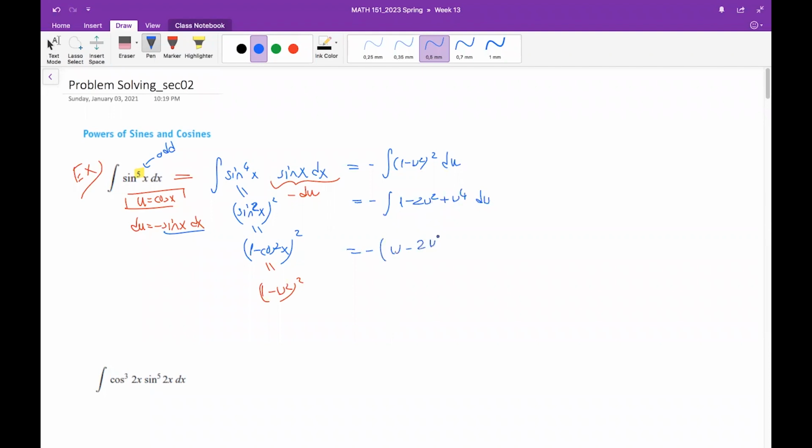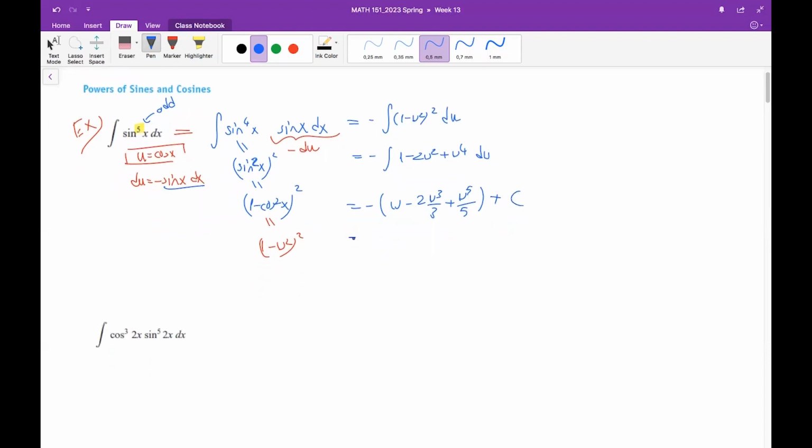Integral of u squared, add 1 to the power, divide by the same power. Add 1 to the power, divide by it. And then since this is an indefinite integral, you will add this arbitrary constant c at the end. So finally, you can do back substitution to turn back to your original variable x.